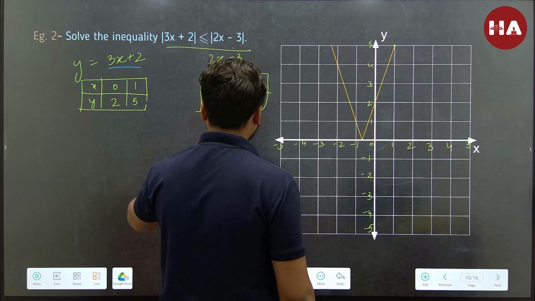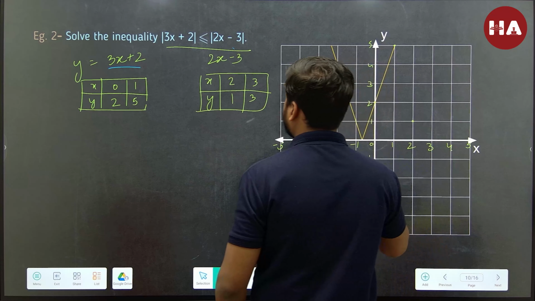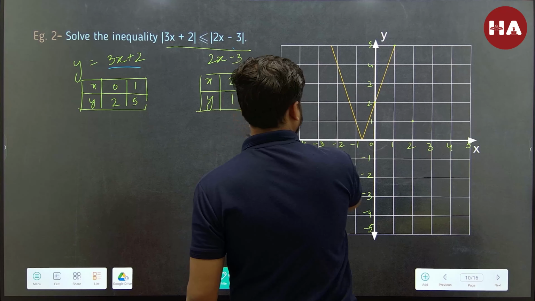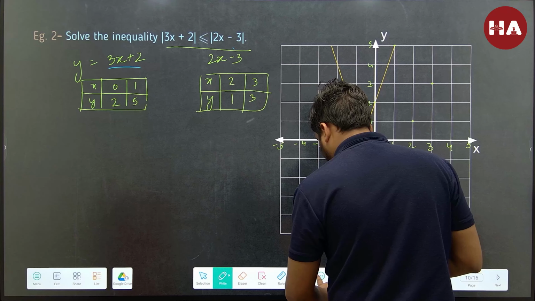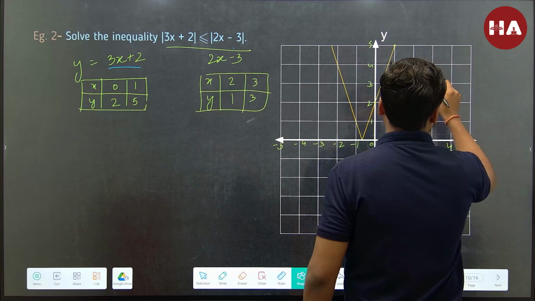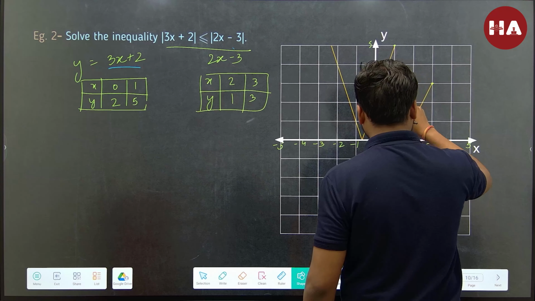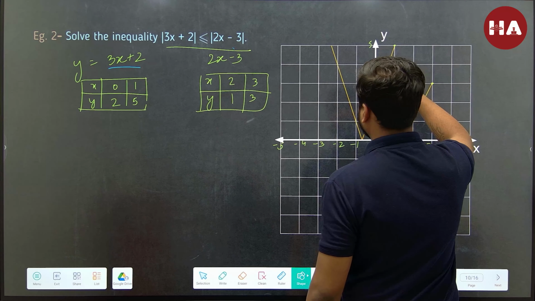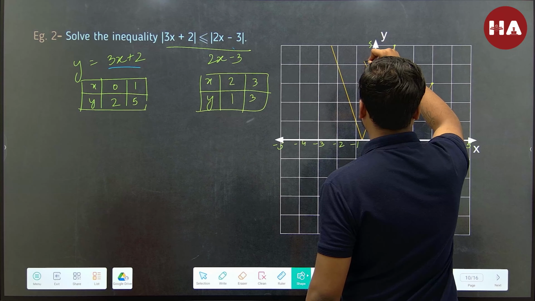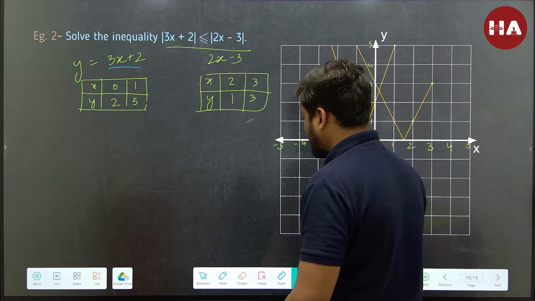So when x is 2, y is 1, x is 3, y is 3. So when I draw the graph, I'll get something like this and this, right?